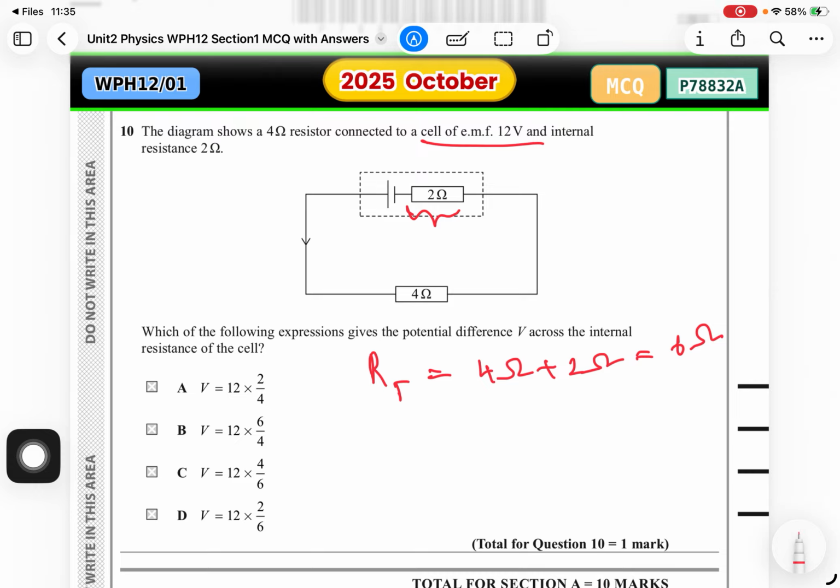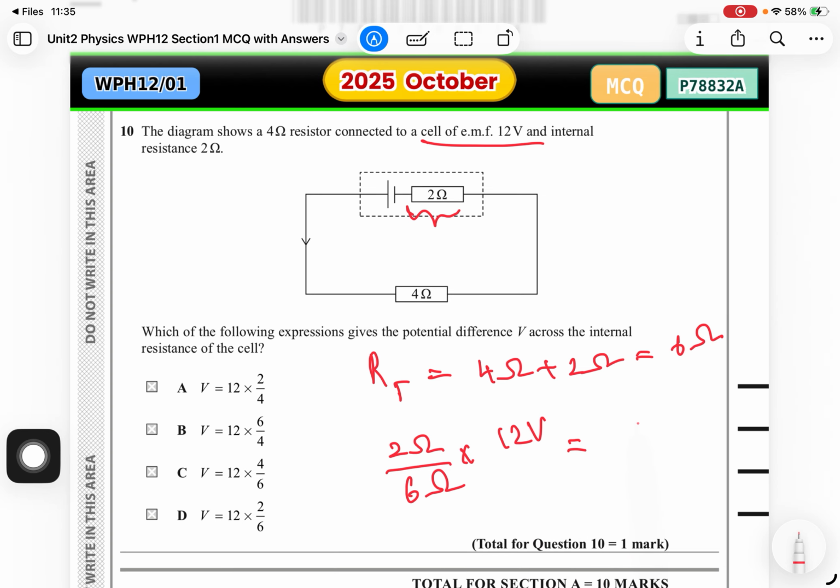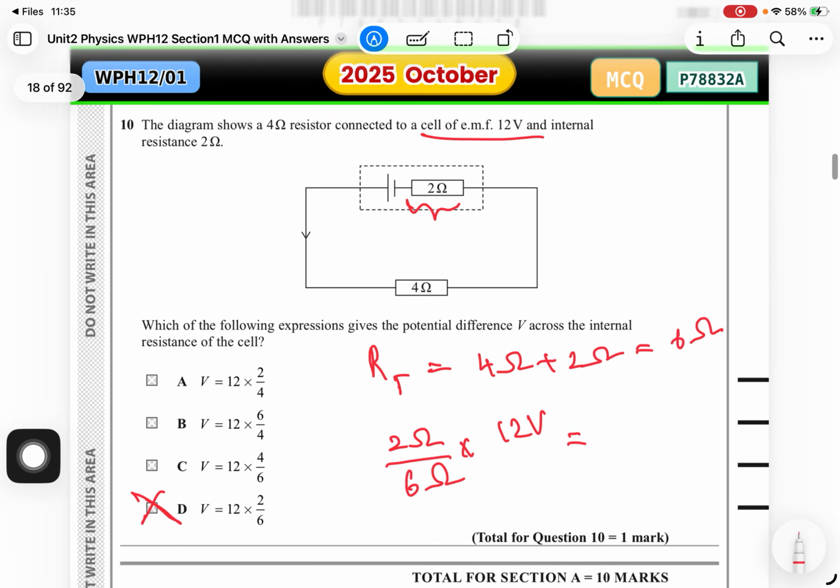If we are considering only the internal resistance, we can apply the voltage divider rule, which is 2 ohm divided by the total resistance times the 12 volts. So the option is D.